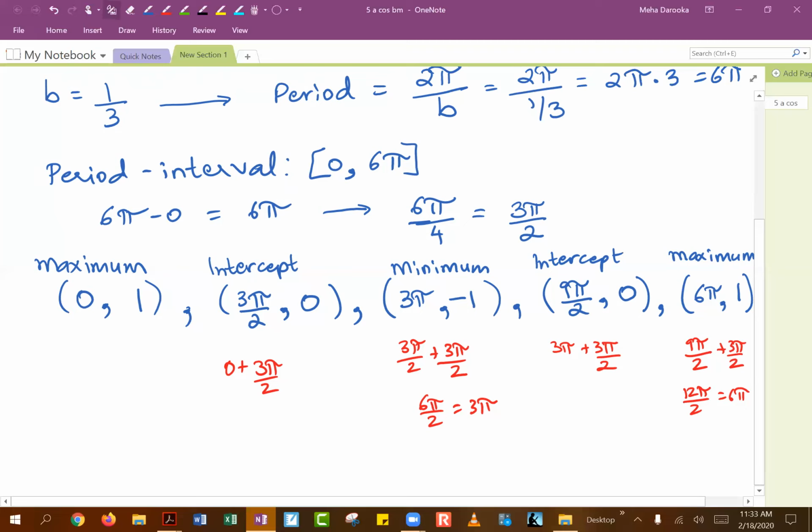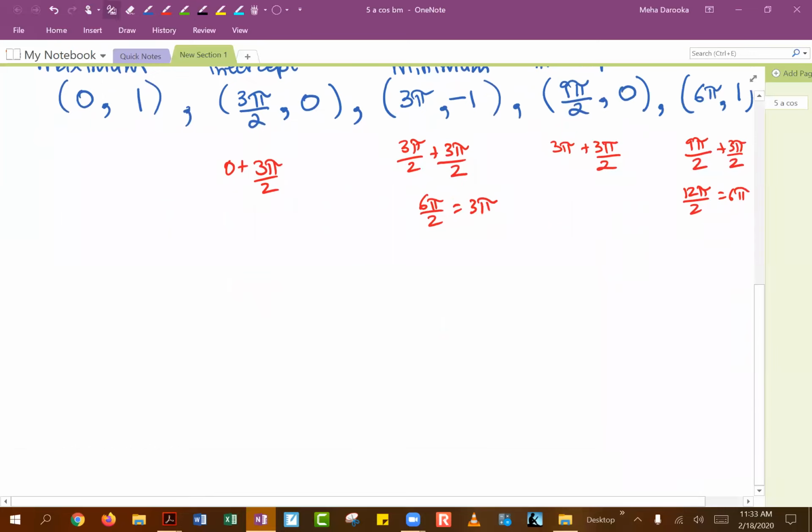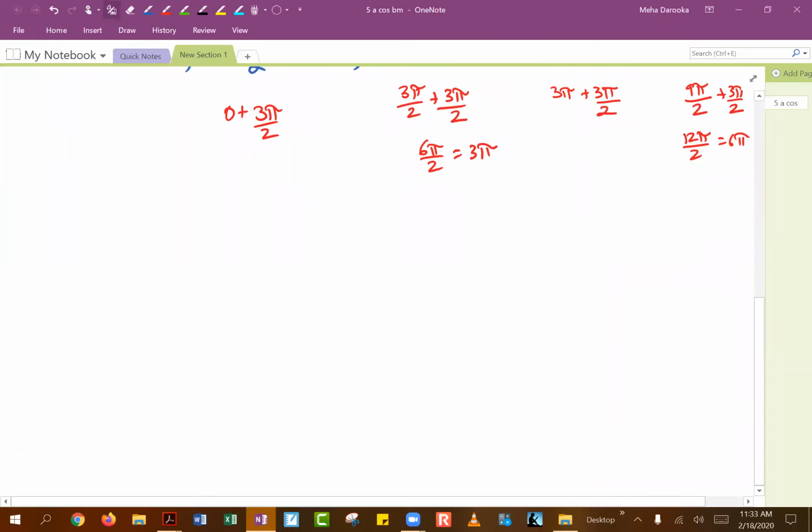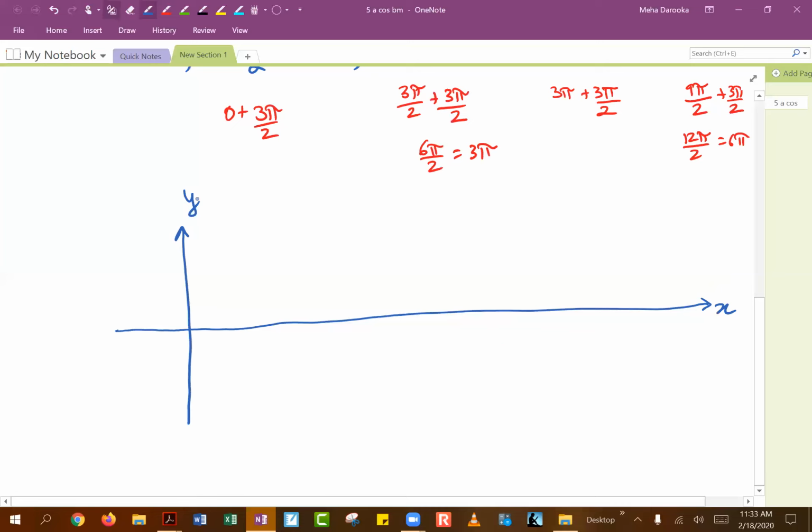All right, so what is this graph going to end up looking like? Okay, so remember, we are going from 0 to 6 pi. So we're going to have a longer x-axis on the positive side. And then we are going from 0 to 3 pi halves.